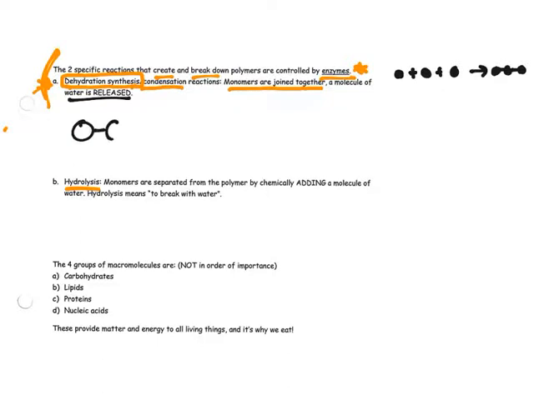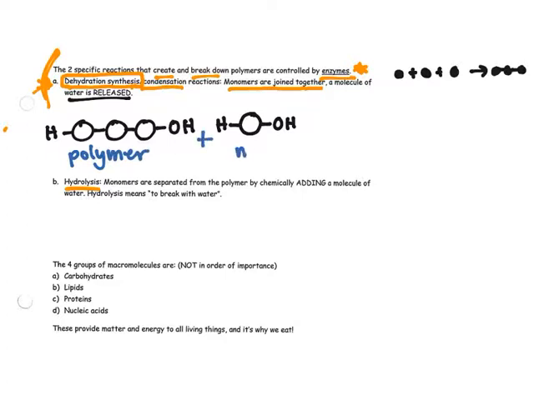So our polymer, with our end atoms shown, hydrogen, oxygen, hydrogen, is going to join up with this monomer. When that happens, we form water. Think about the chemical formula of water, H2O.